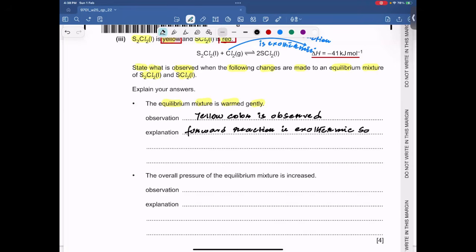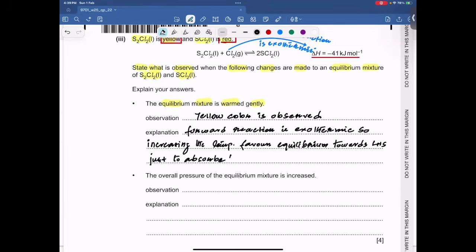So increasing the temperature favors equilibrium towards the left hand side, just to absorb energy.